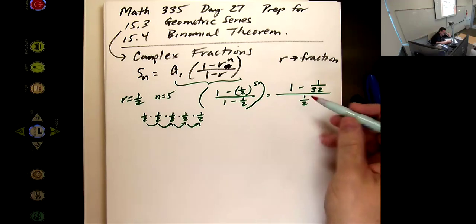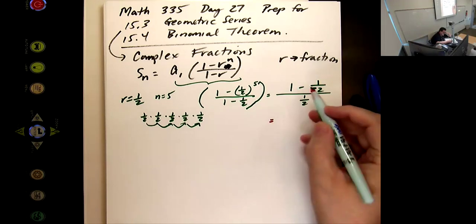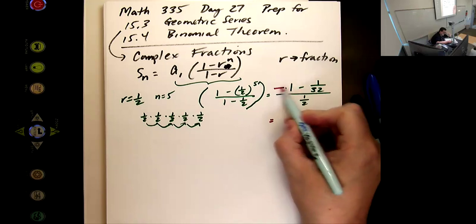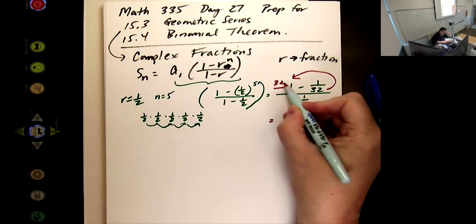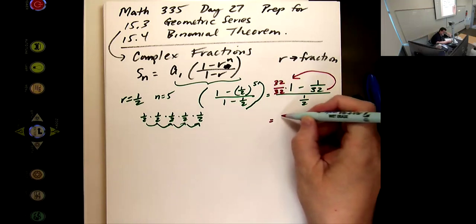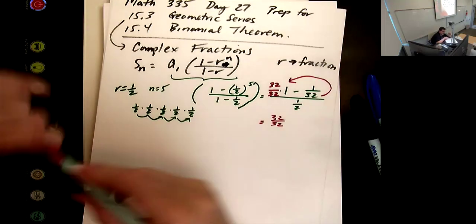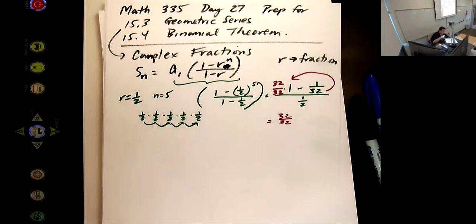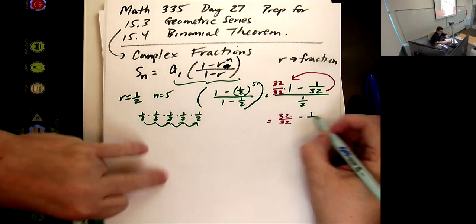So what we're going to do at this point is combine the top. To do that, I'm going to multiply 1 by the denominator we have right there. I'm going to multiply this by 32 over 32, so that I get 32 over 32 minus 1 over 32.